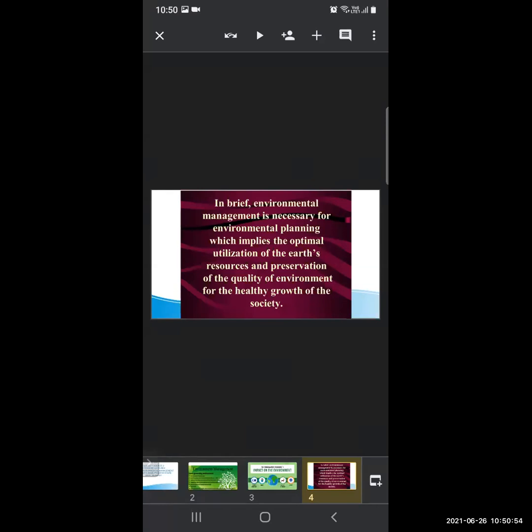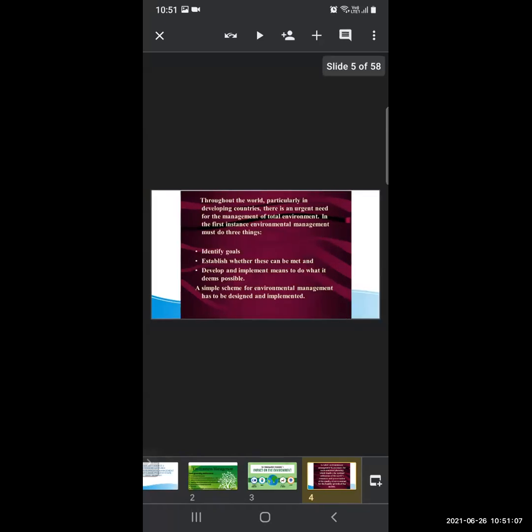Only we human beings are not living in the environment. There are many other animals, habitats. So throughout the world, particularly in developing countries, there is an urgent need for the management of the total environment.